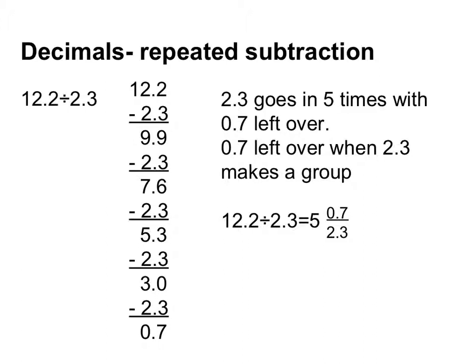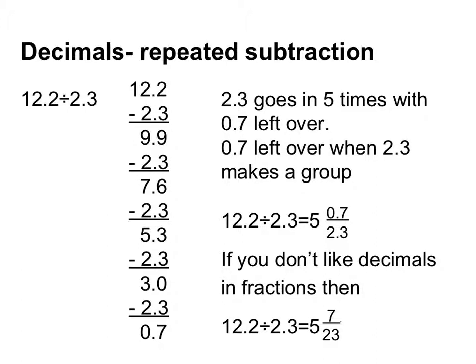You're welcome to convert it. So if you don't like that, then using your idea of equivalent fractions, you can convert that. In this particular case, if you just multiply the top and the bottom by 10, then you're going to get 7/23. For me, either way is fine, unless the directions specify no decimals inside of fractions.